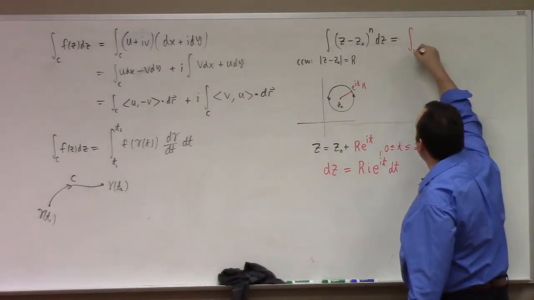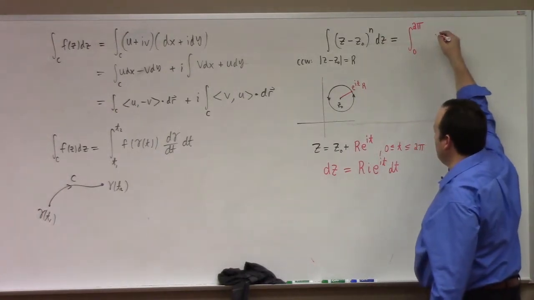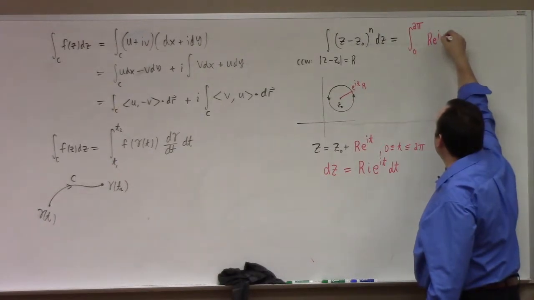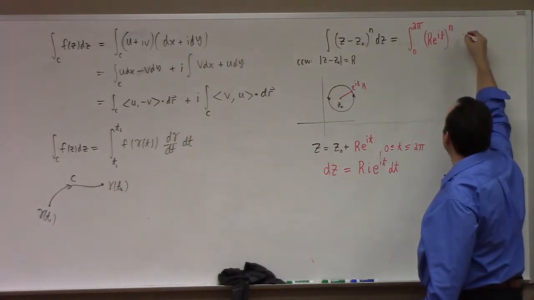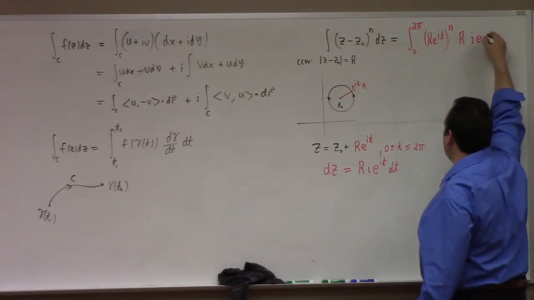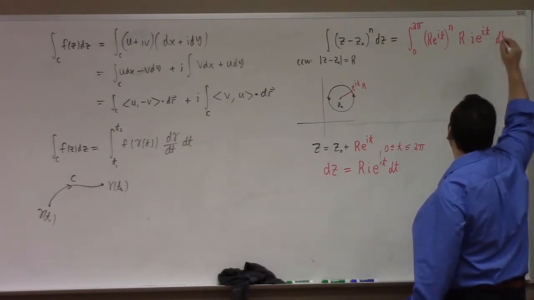And so I've got the integral from 0 to 2 pi. What's z minus z naught? Z minus z naught is r e to the it, to the n. My dz was r i e to the it dt.